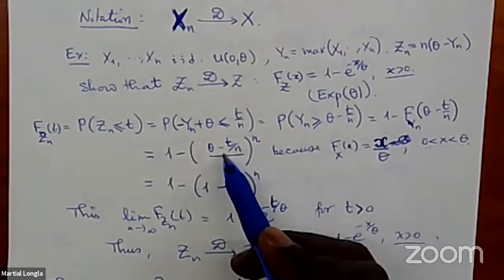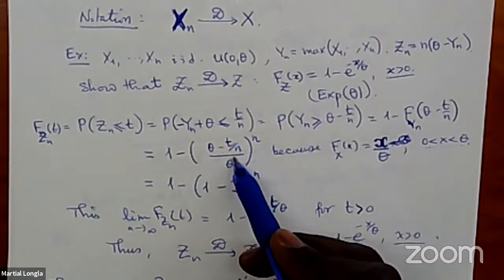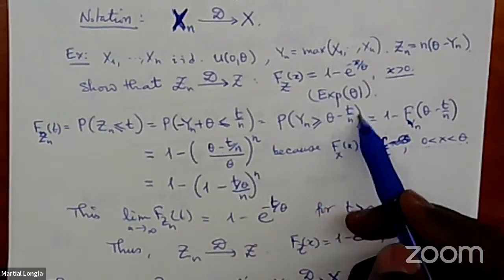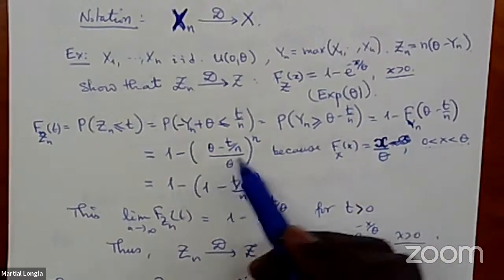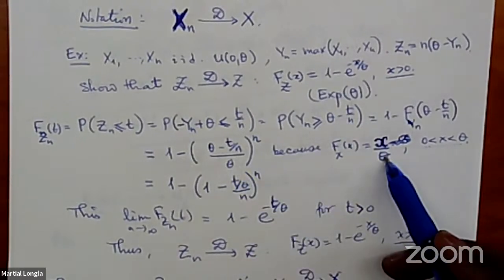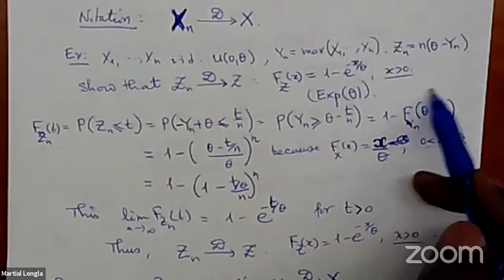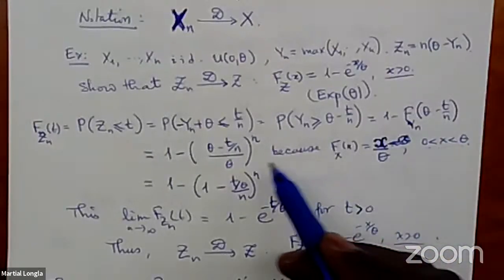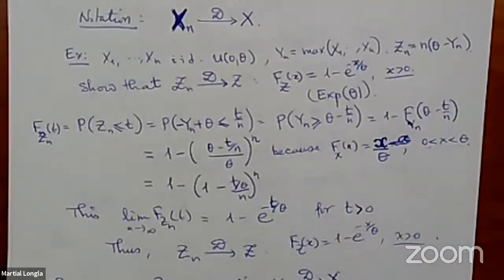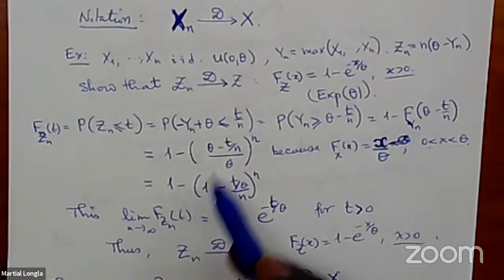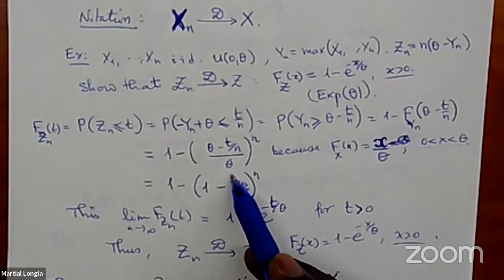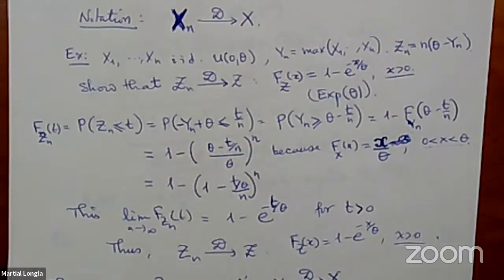Therefore, I plug it in and I get theta minus T over n, divided by theta, raised to the power n, because the distribution of the largest observation is the distribution of the population raised to the power n. So I get 1 minus T over theta divided by n, and then raised to the power n.